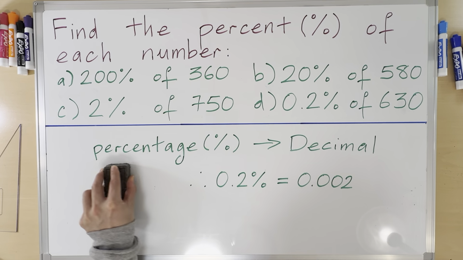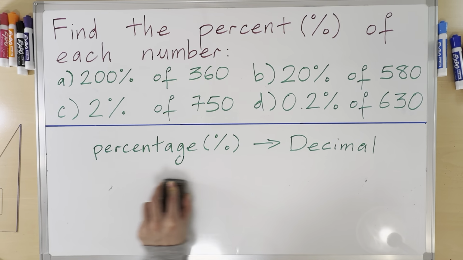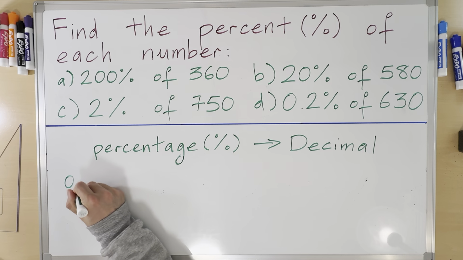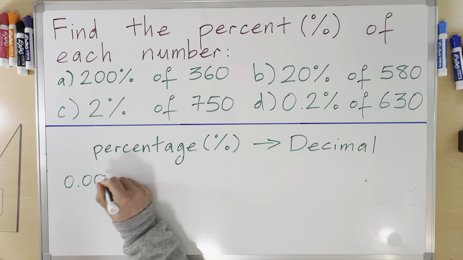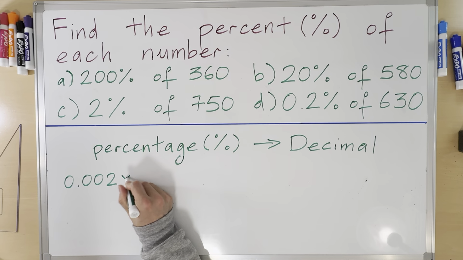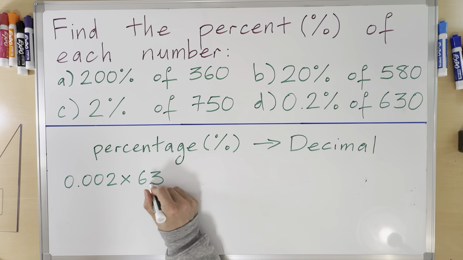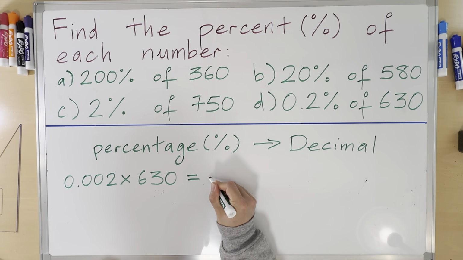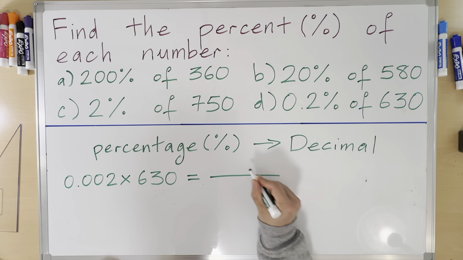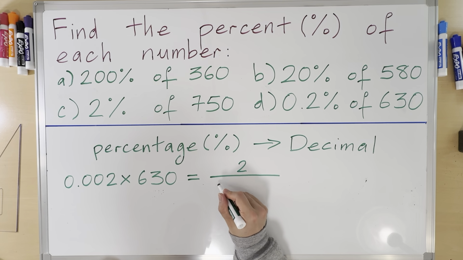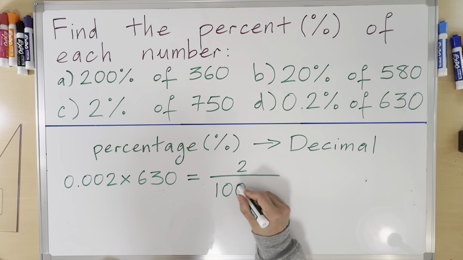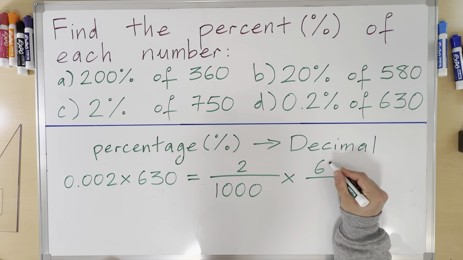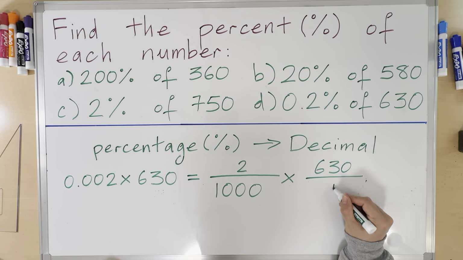And we are going to calculate that right now. 0.002 multiplied by 630 is equal to 2 over 1,000 multiplied by 630 over 1.